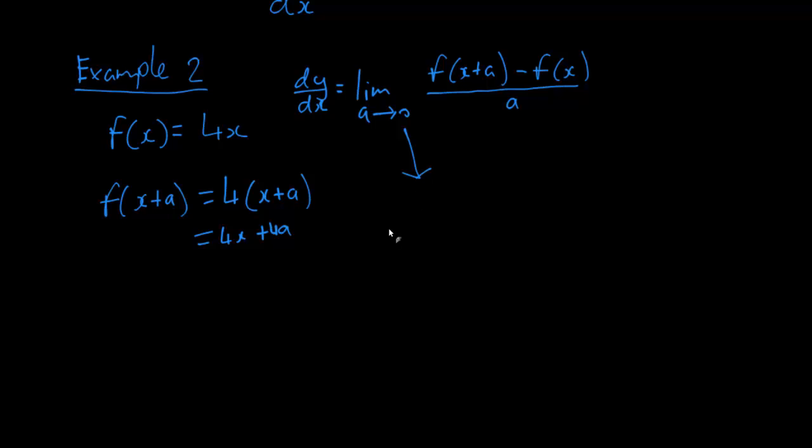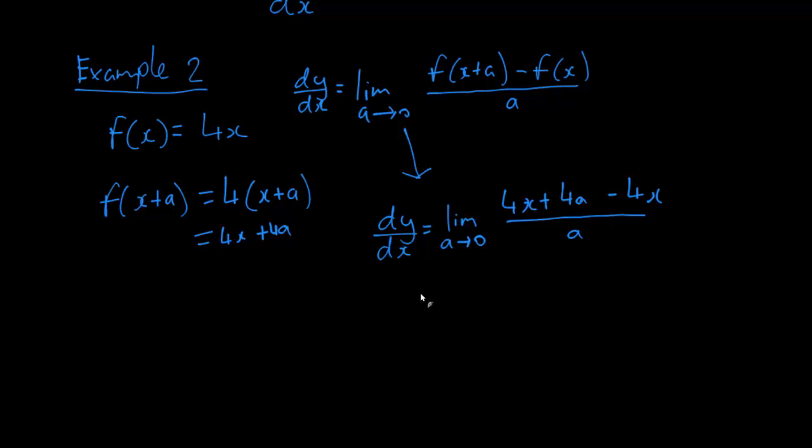Okay? So we're now ready to put this into our equation. So bringing that down here, we get dy dx equals the limit as a tends to 0 of 4x plus 4a minus 4 lots of x, because that's just f of x, all over a.